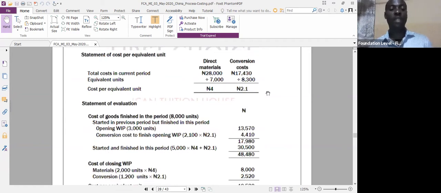Now let's look at statement of equivalent units.